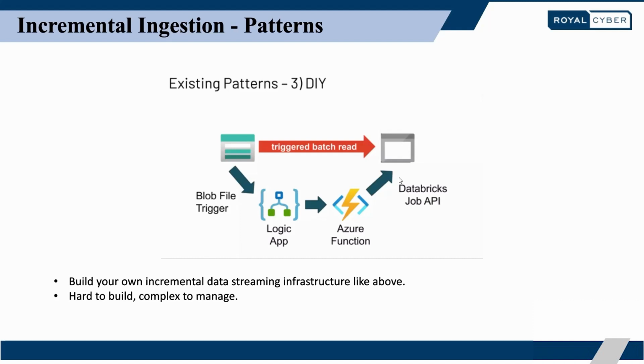As you can see, this third pattern is quite complex and is not repeatable, because for any different kind of files or any different requirements, we have to modify this do-it-yourself pattern ourselves so that we can utilize it across different streaming analytics requirements.